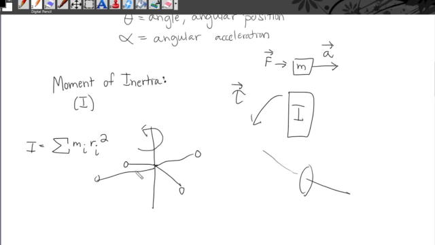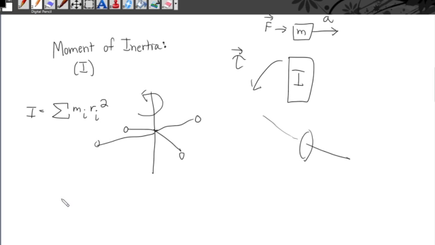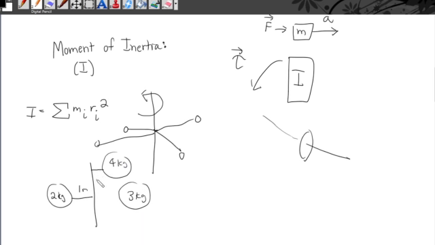Okay, just as an example, if I have some point masses, let's say 2 kilograms, 3 kilograms, and 4 kilograms, and let's say this is 1 meter, this is also 1 meter, and this is 2 meters. Well then, the moment of inertia or rotational inertia would just be that formula which I put above.